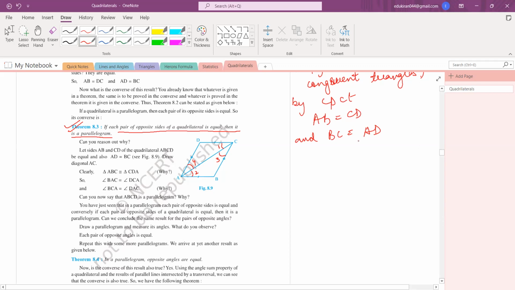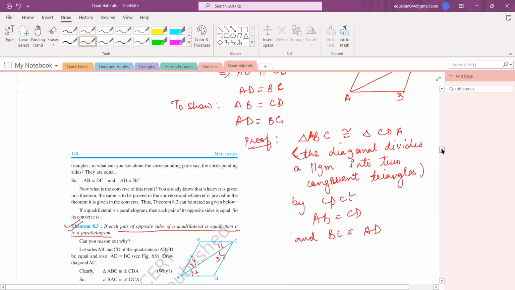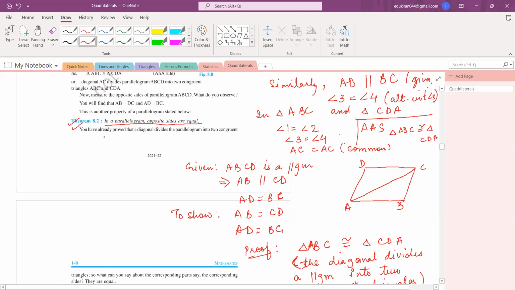Okay, now stop writing. Look carefully. We are again going to theorem number 8.2. Now see, one important thing. It is starting with 'in a parallelogram', so that means it is already given that it is a parallelogram, isn't it? Now the next theorem is the converse of it. So it is not given that ABCD is a parallelogram, but it is given that the opposite sides are equal.